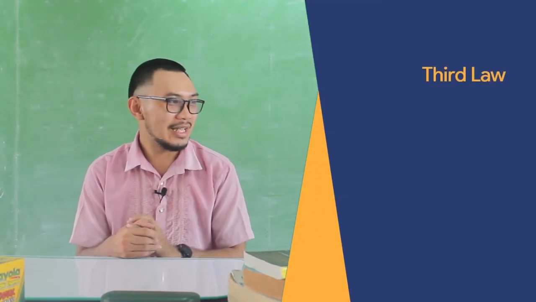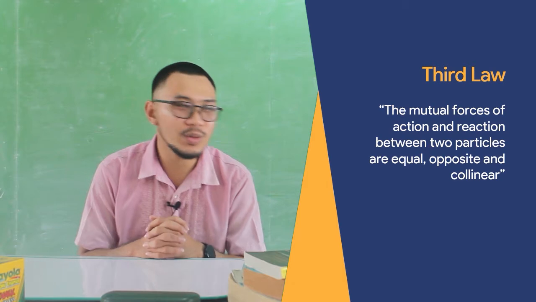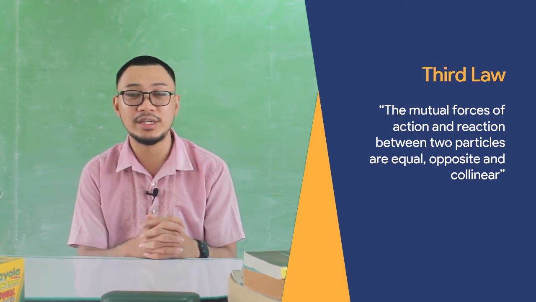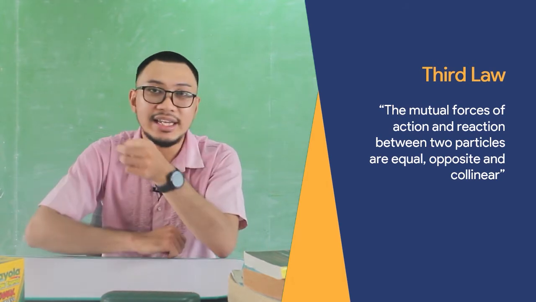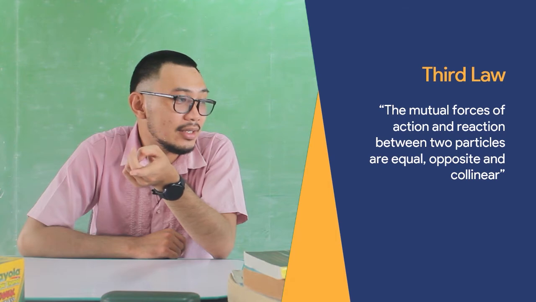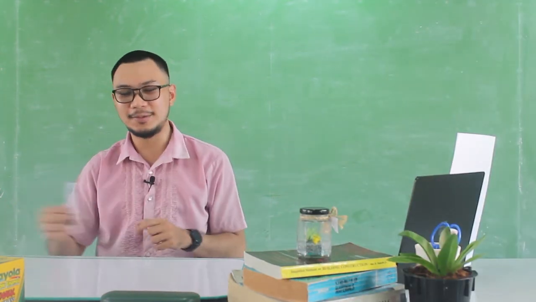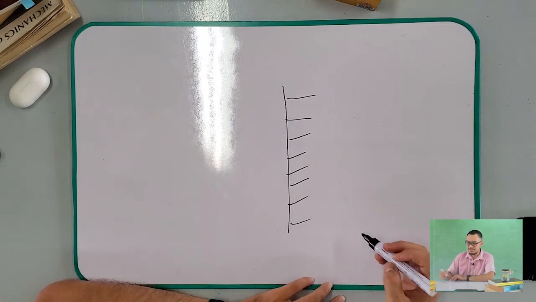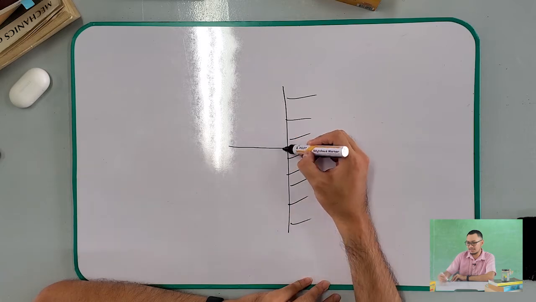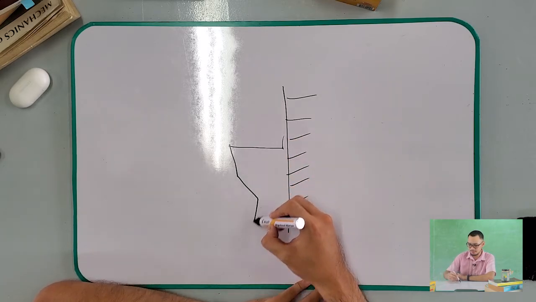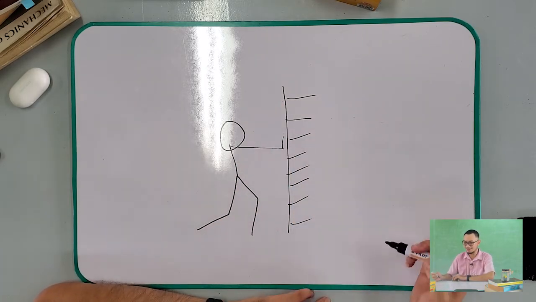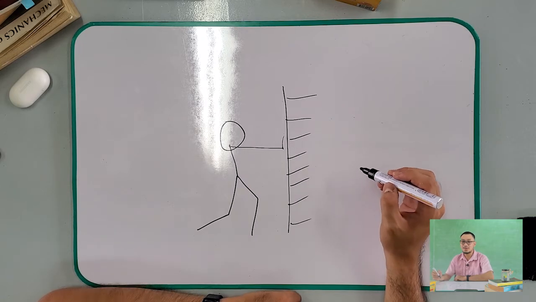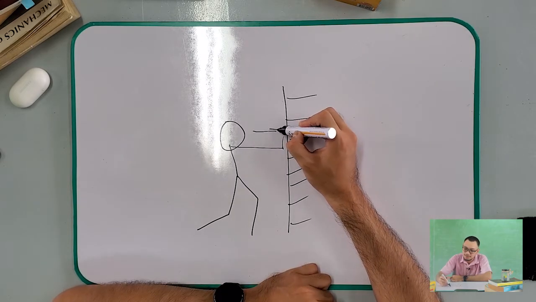So for our third law, the third law is that the mutual forces of action and reaction between two particles are equal, collinear, and opposite. What does that mean? For example, you have this wall. Okay? And you are pushing this wall. Right? You push the wall, so you are putting a force on the wall.